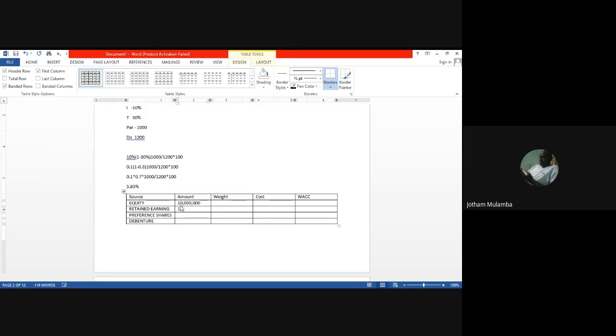Then for preference shares is 4.8, then 7.2. I hope I've not lost anybody. So get a total. A total we had already been given from the question. So this one was easy. 34 million.